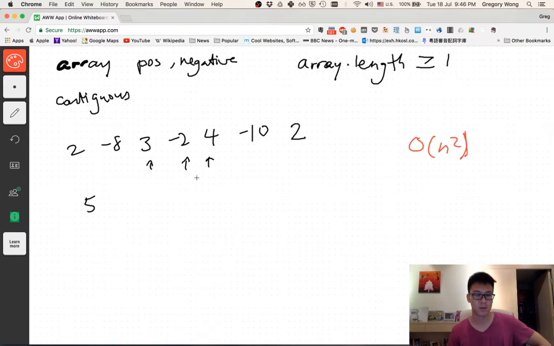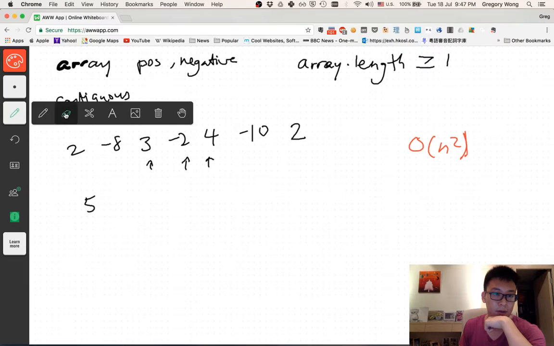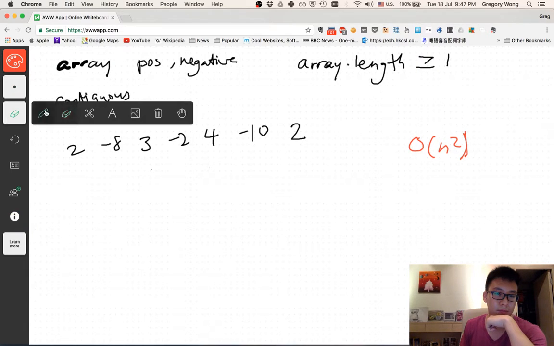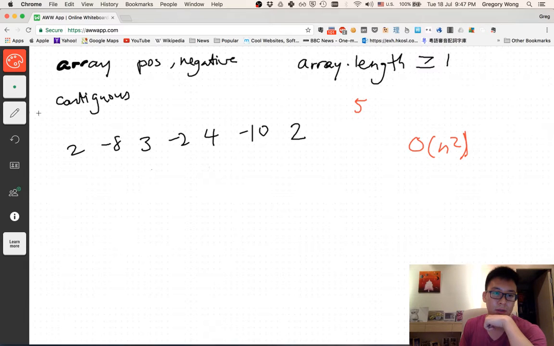Maybe instead of adding, I should look at subtracting. So let's say I start with the entire array summed up.